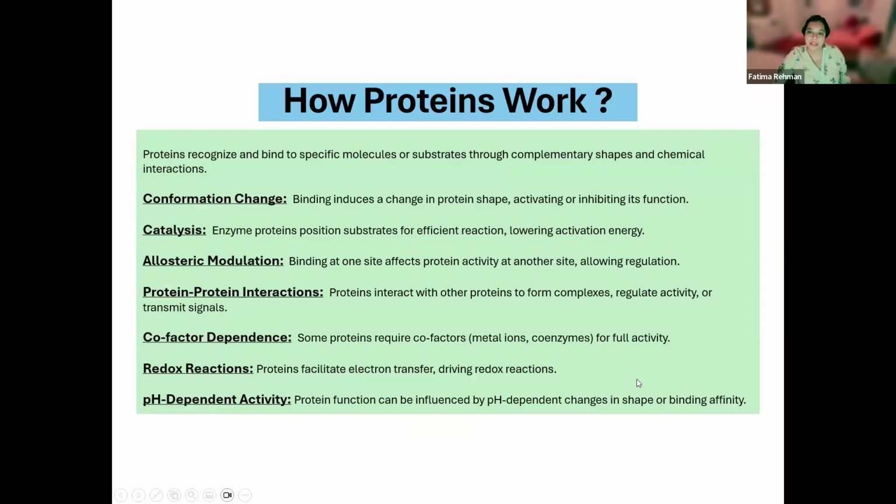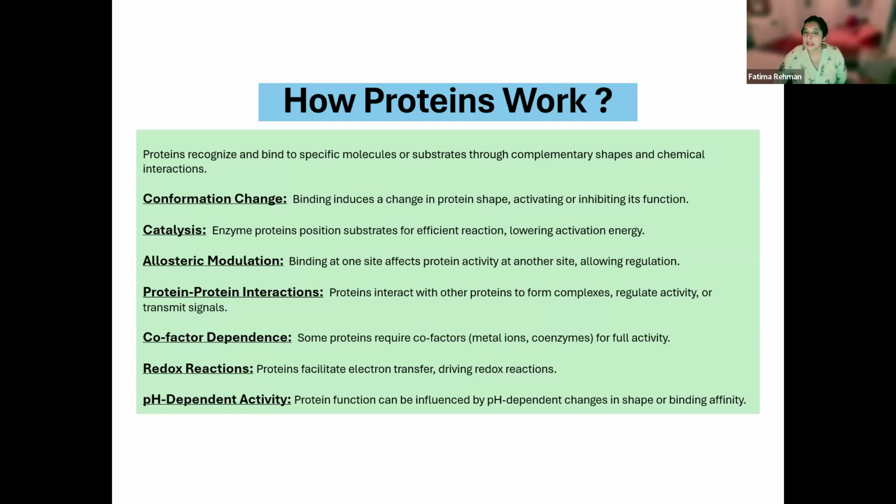So how do these proteins work? Well, depending on the function they need to perform, they may work through one or more of these ways that we'll talk about. One of them that is very common is a change in conformation, when the cell receives a signal and transmits it to the protein in the form of added phosphorylation or activation through another mechanism.